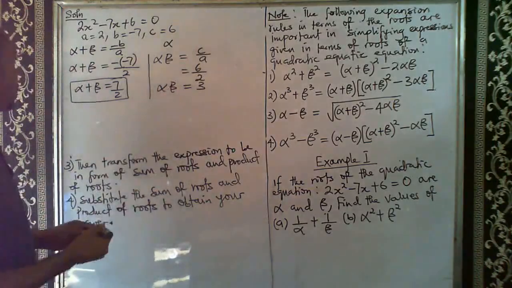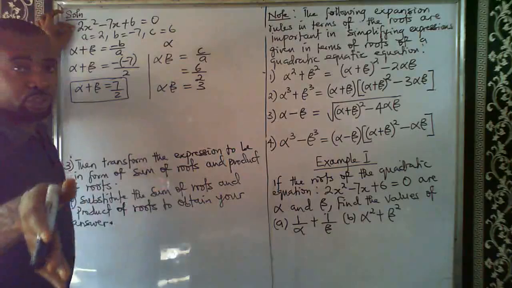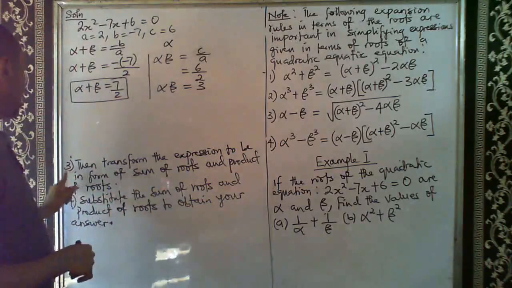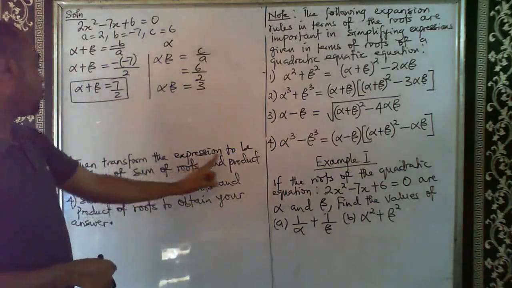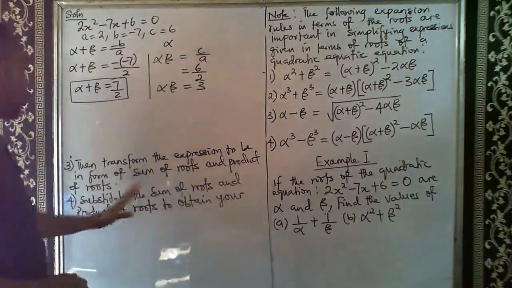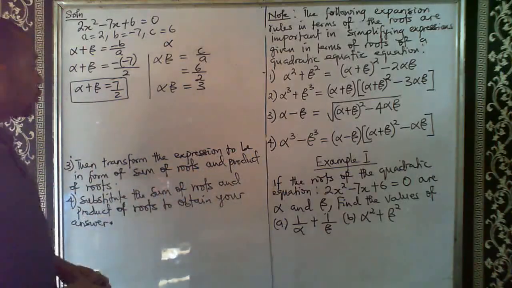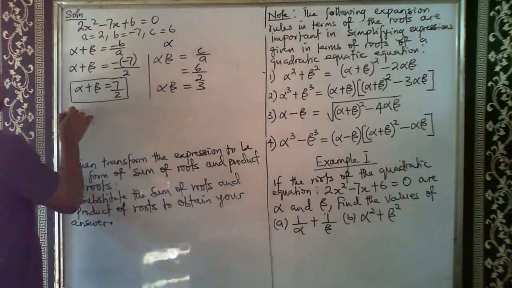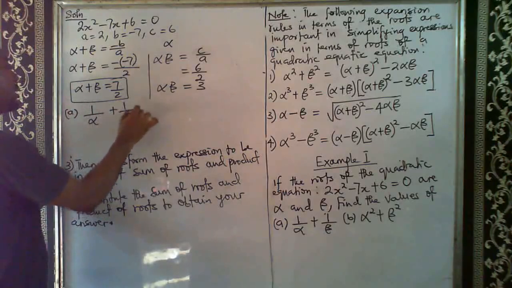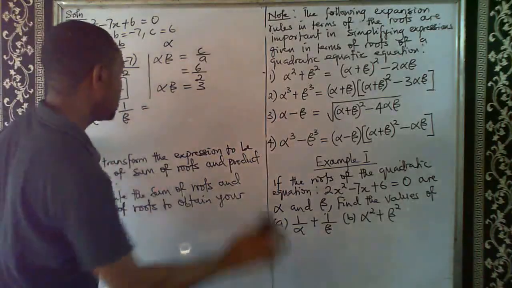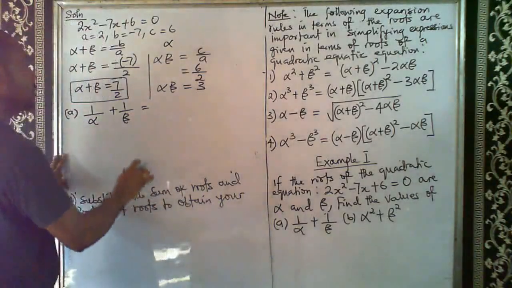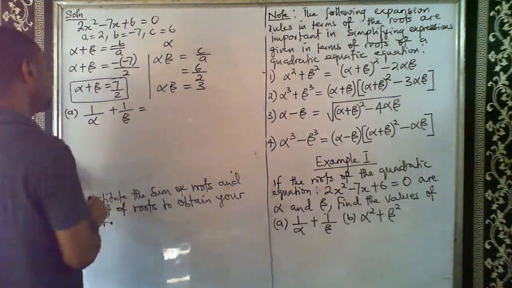Okay, so we have taken note of the equation according to this step. The next step is to find the sum of roots and the product of roots using this. Then the next step: transform the given expression to be in the form of the roots, the sum of the roots and the product of the roots. So the first expression given to us is 1 over alpha plus 1 over beta. If we transform this expression, what are we going to have, in the form of the sum of roots and product of roots?